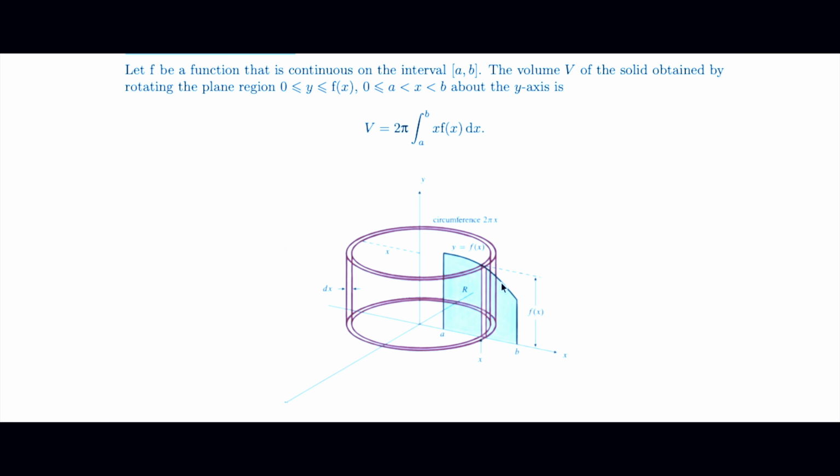And if I go to the next rectangle, another thin cylindrical shell will be generated. If I do it for all these thin rectangles, I am generating thin cylindrical shells one after the other. The whole point is that I want to add up the volume of all these cylindrical shells in order to get the volume that I want. Is the idea clear? Yes or no?